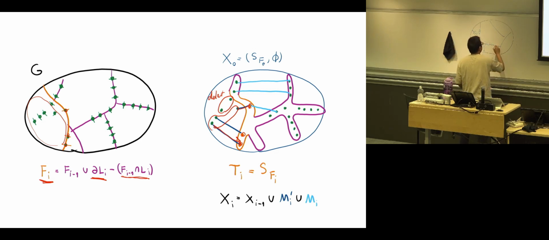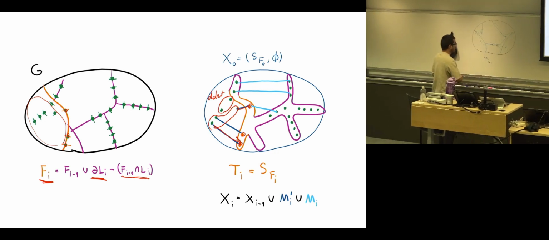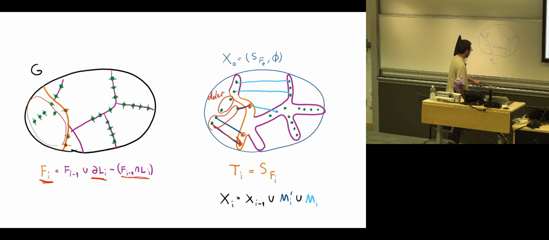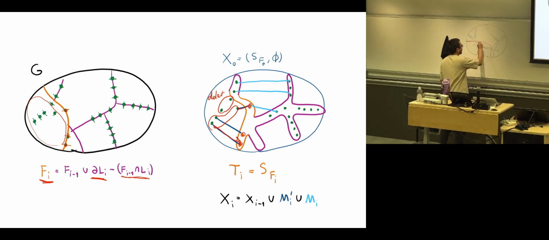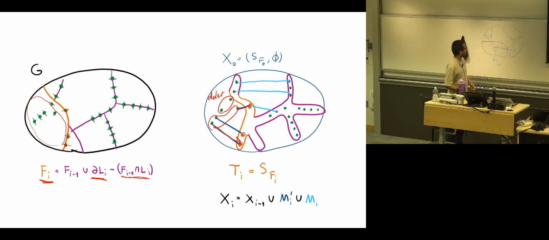And what you ask is, what if my cut looks like, let's say, here? It contains something here, right? And let's say that this is the cut edges. So what will happen?